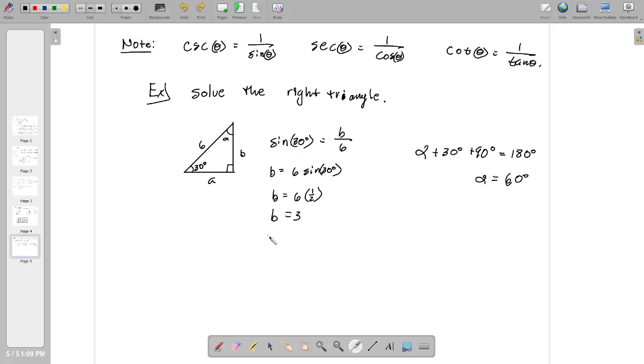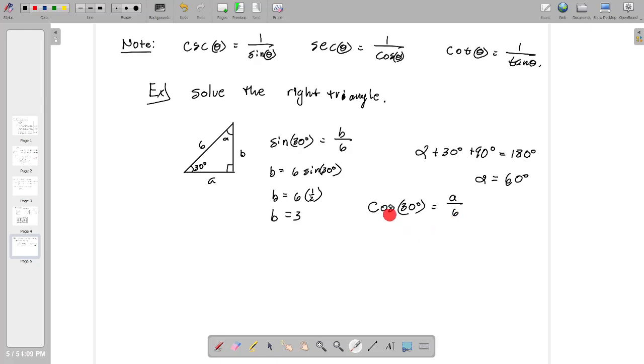In order to figure out what A is, we want to relate this angle, this side, and this side. So 30 degrees, the adjacent side, and the hypotenuse. So what trig function do we use? Cosine 30 will equal A divided by 6.